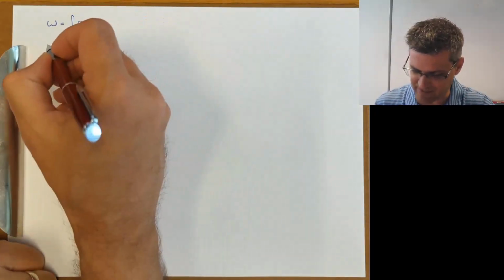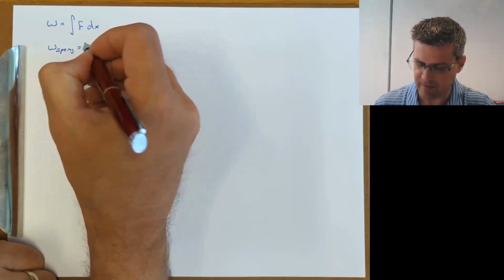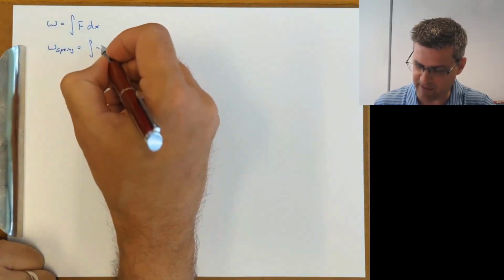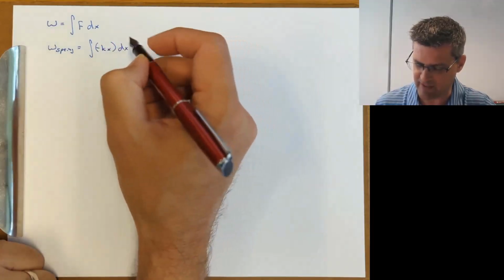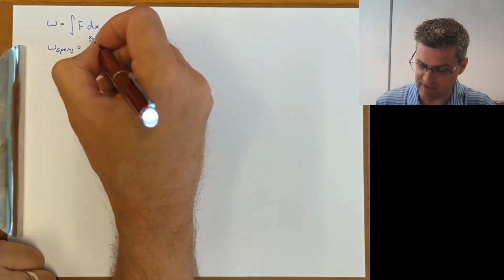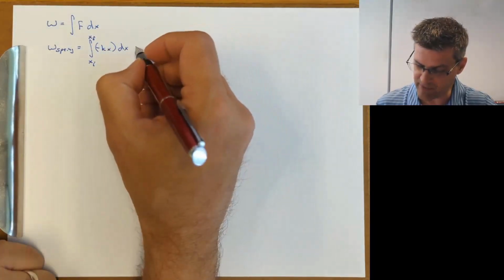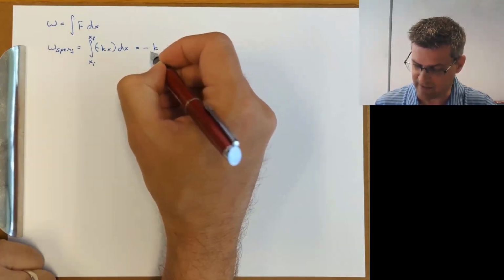So let's look at the case of a spring. There, our force is going to be minus kx, where k is the spring constant. We're integrating dx, but we're integrating from maybe some initial position to some final position. Now, doing this integral, the minus comes out, the k comes out.